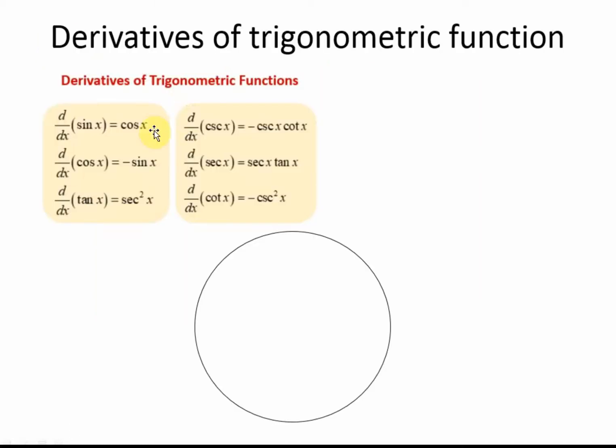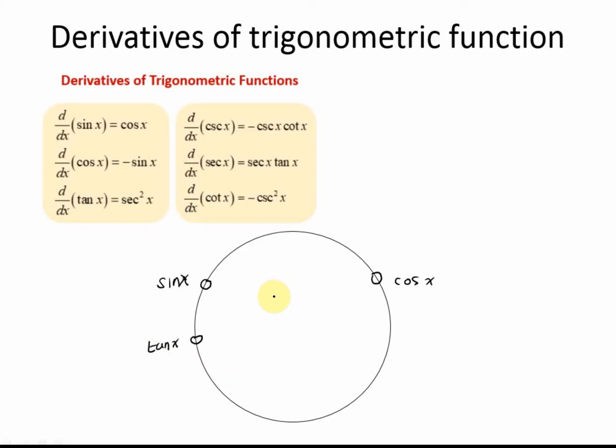Then how about the derivatives of trigonometric functions? If you take the derivative of sine, it is cosine, the derivative of cosine is negative sine, and so on. So you have to memorize it, or let me just quickly show you one way to memorize this. The way I memorize this is that you can locate sine x here, okay? And then I locate my cosine x here, and then my tangent x here, okay?